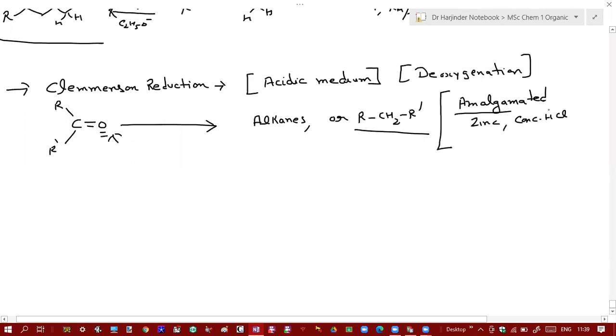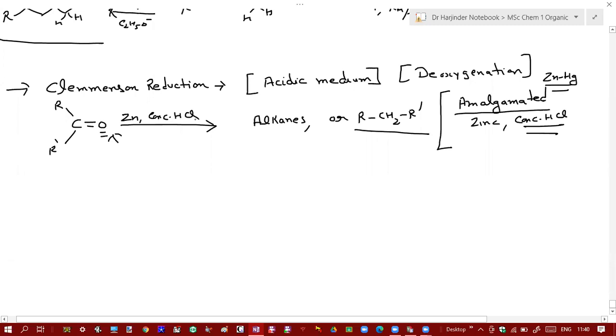What this means is that the zinc is an alloy with mercury. You use zinc-mercury alloy and concentrated HCl, which provides an acidic medium. So you use zinc in concentrated HCl.